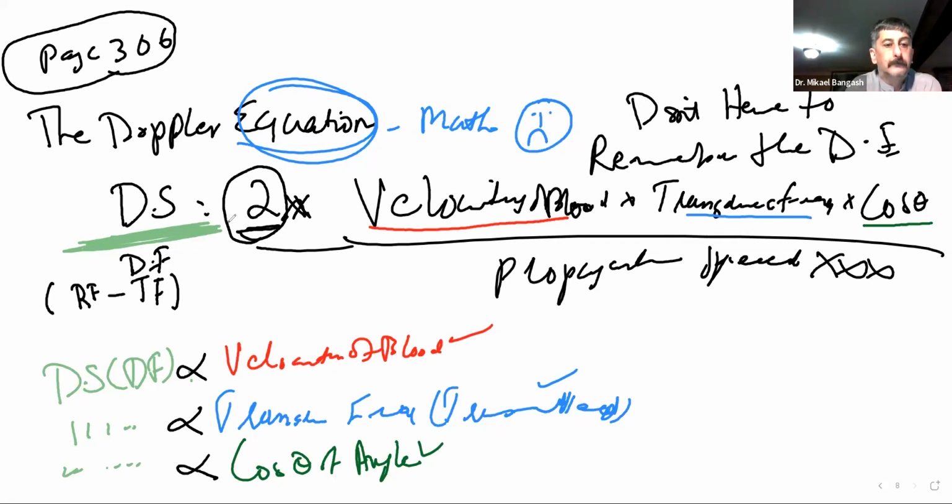So what you can be asked questions about is to calculate the Doppler shift or the Doppler frequency. But for that, you need a transmitted frequency and a reflected frequency, and you may just subtract those two from one another.